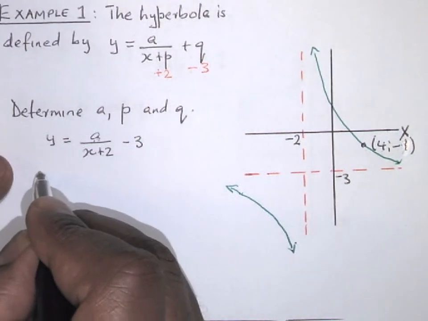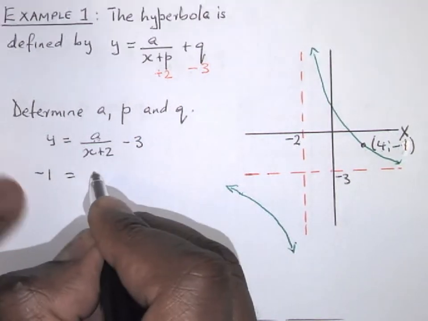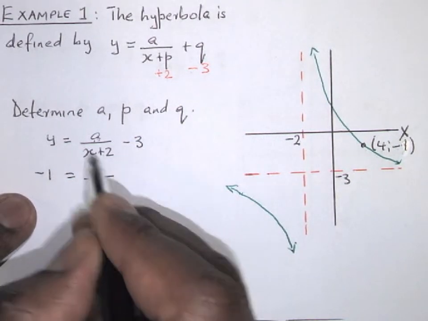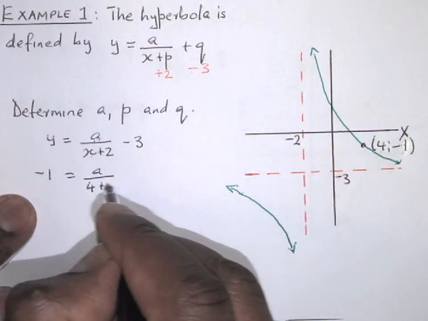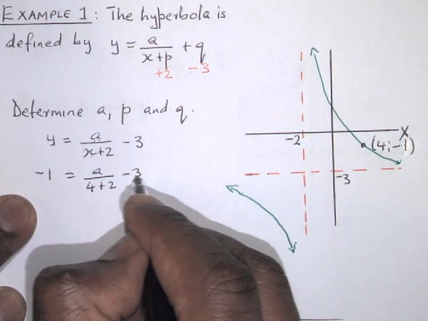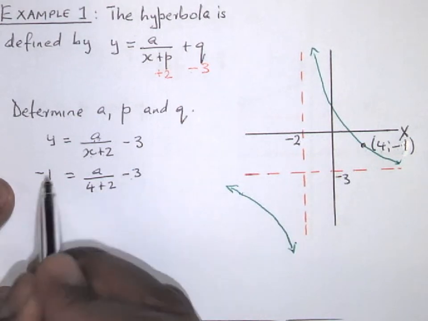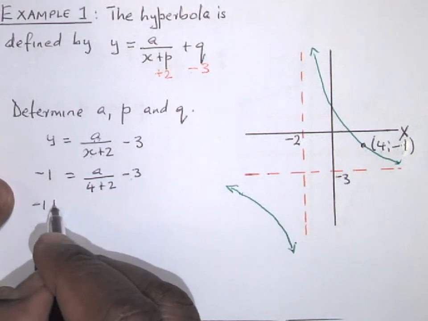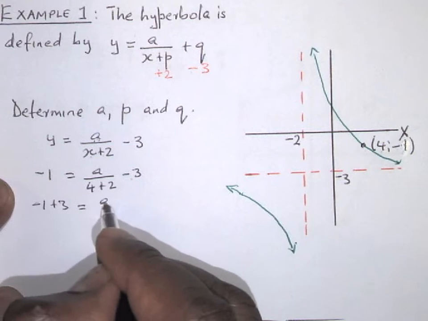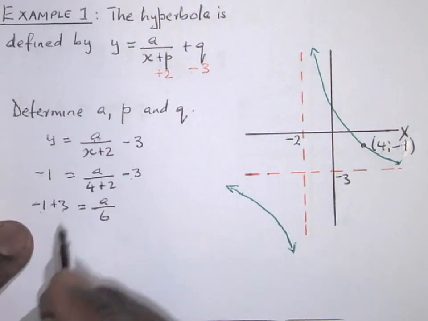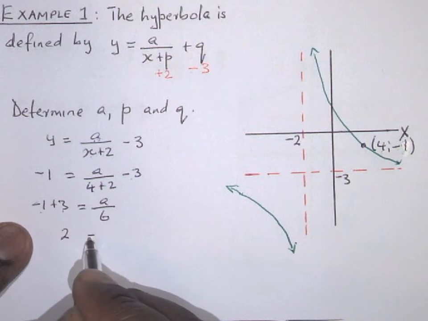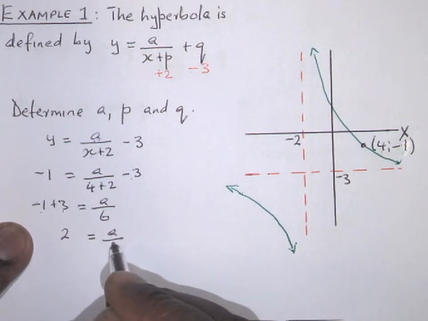So minus 1 is equal to a over x, where x is 4, so 4 plus 2, then minus 3. If I take minus 3 across, it's minus 1 plus 3 is equal to a over 4 plus 2, which is 6. So minus 1 plus 3 is 2, which means that that is a over 6.